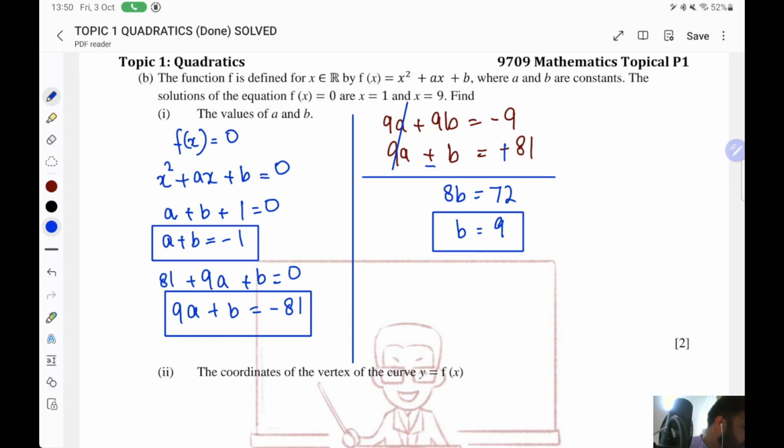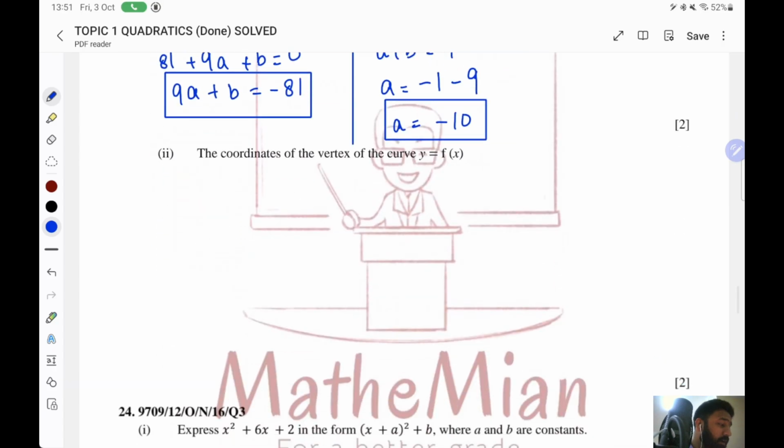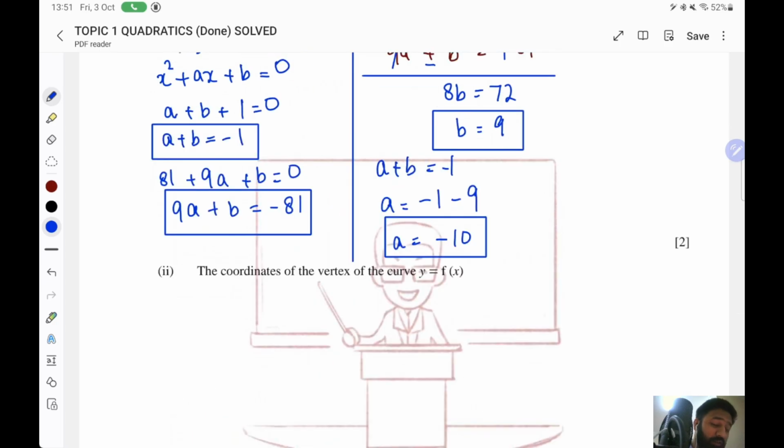We can find the value of a as well by substituting in the other, which is a plus b equals to minus 1. So the value of a will be minus 1 minus 9, and the value of a will be minus 10. Okay, then we have the values of a and b. Now in the next part he's saying that you need to find out the coordinates of the vertex.